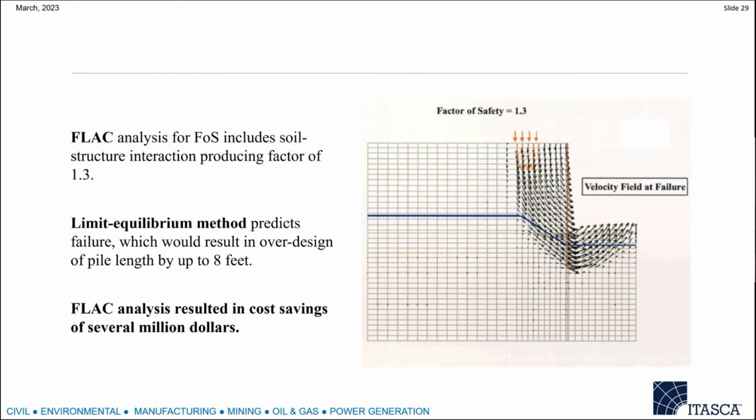So using FLAC analysis resulted in cost savings of several million dollars. Okay, because FLAC considers it safe, and the limit equilibrium method considers it not safe. Otherwise, we should increase the pile length.